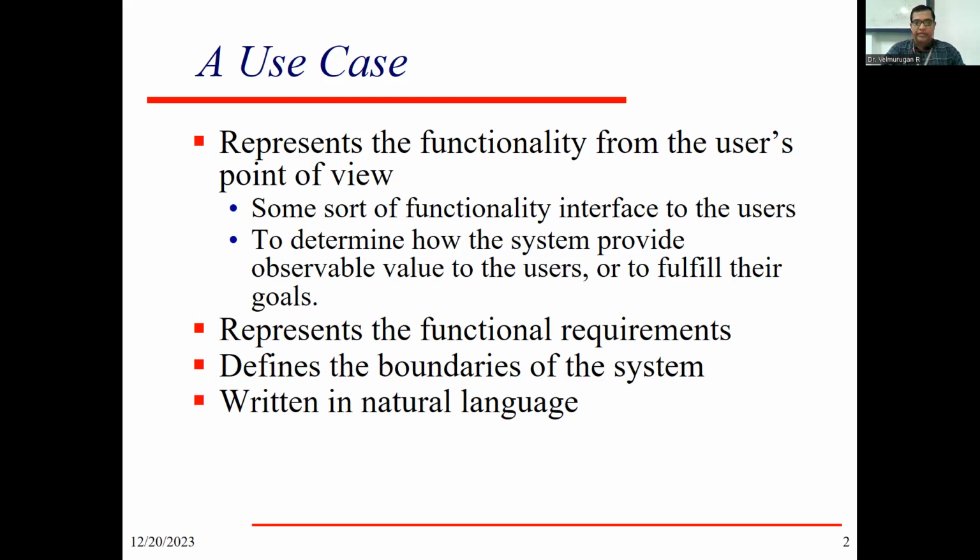And because of representing the functionality of the given system, we define the boundaries of the system, where the system is going to start, where it is going to end, and from inception to the end, what sort of functionalities the system is going to perform. So we can fix the entire set of things within a framework, and we can look into the various possibilities to make the system go beyond the boundaries also, if at all it is required.